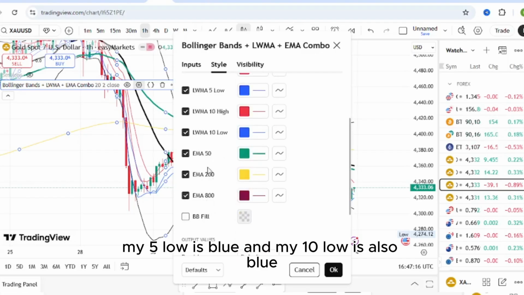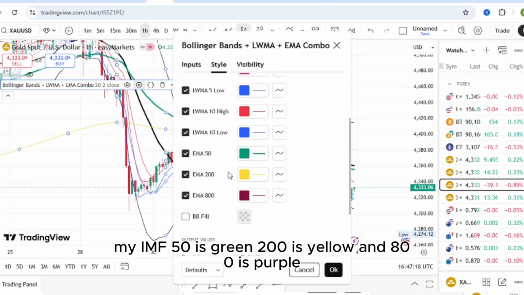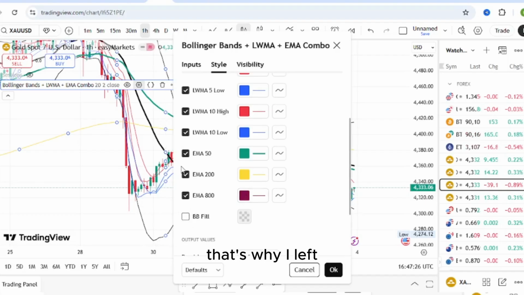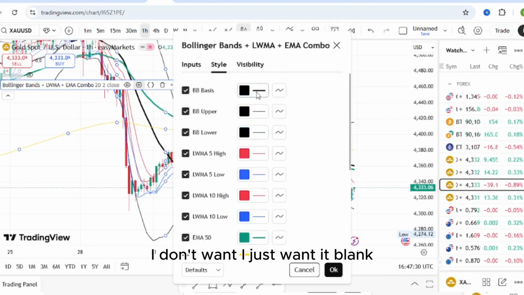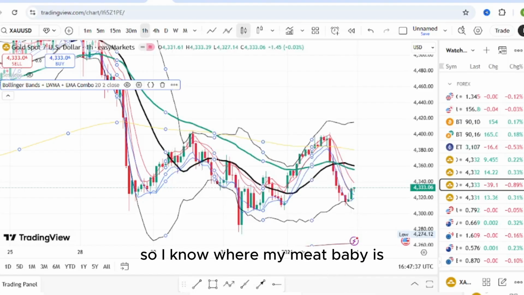My EMA 50 is green, 200 is yellow, and 800 is purple. I leave everything unfilled, I just want it blank. And as you can see, I have taken the mid BB, so I know where my mid BB is. So that's how I do my setup.